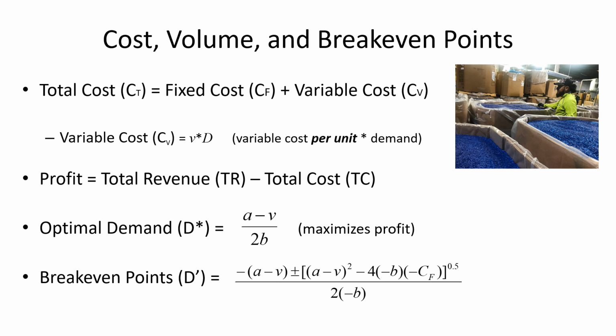So there are 2 break-even points which define the range of profitable demand. The lower of the break-even points is where profitable demand begins, and the upper of the break-even points tells you the maximum number of units that can be sold in order to achieve profitable operations.